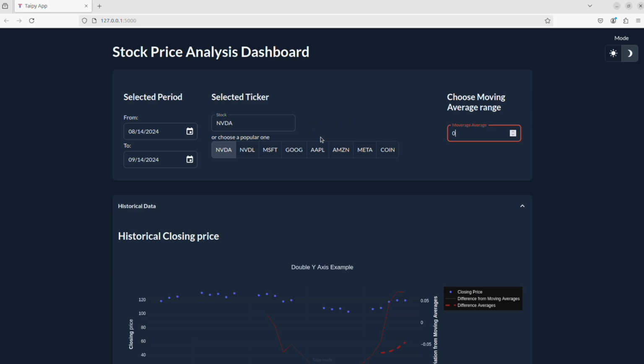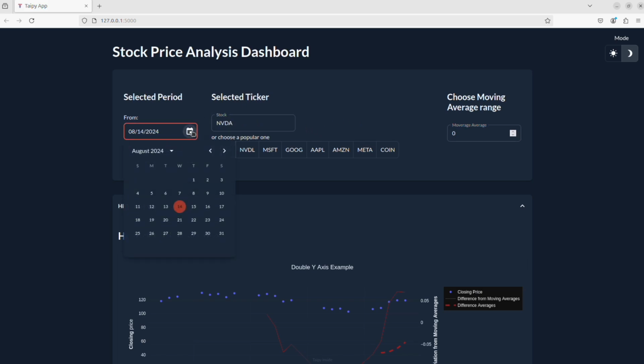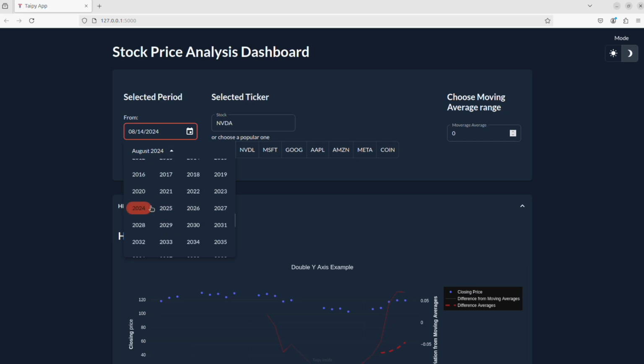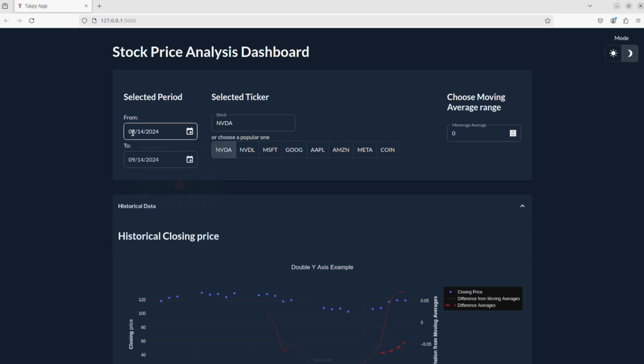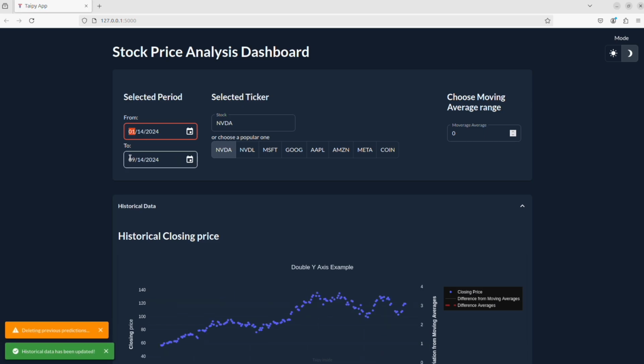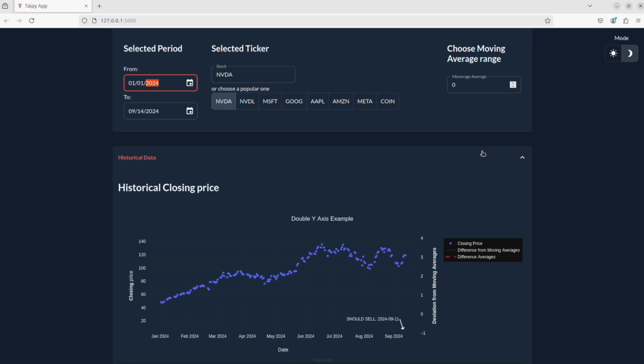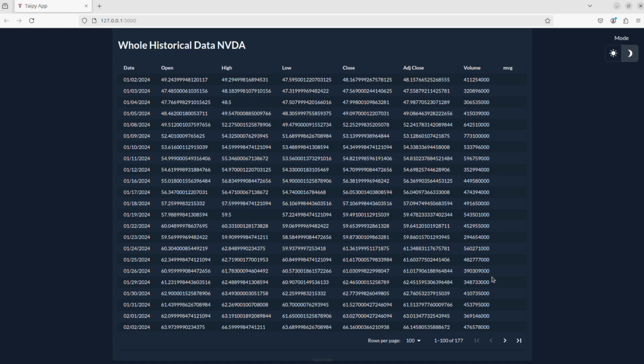So yep, over here, after we have chosen the date, so for example, we would like to choose year to date, right? And then you see that if you're choosing 0 moving averages, you don't really see any red lines on the graph right here.